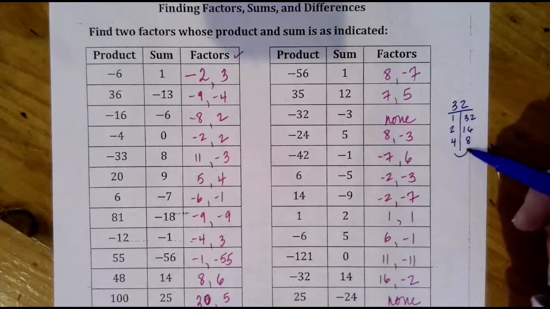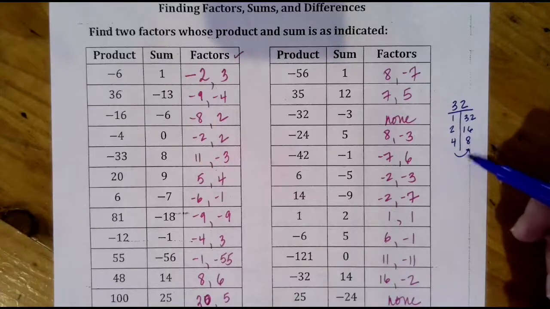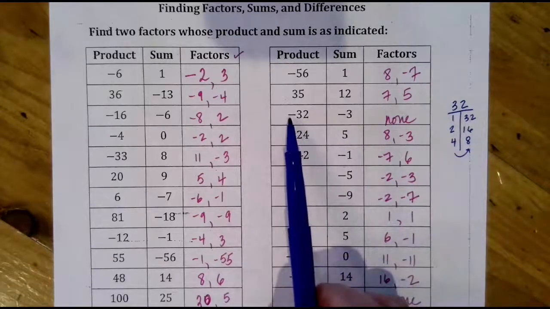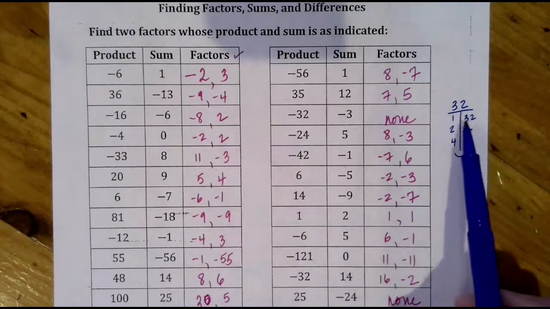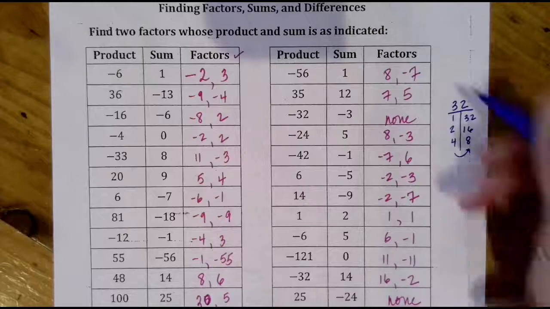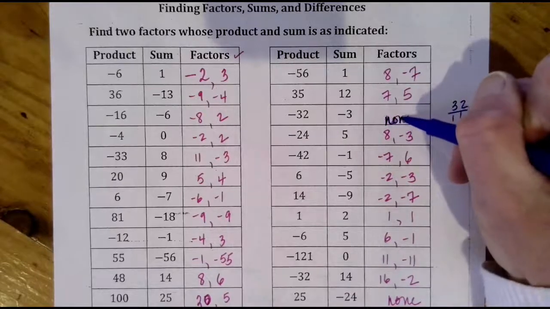And this is where I wrap around, because the commutative property says that each of these factor combinations work both ways. Because my product is negative, that means that I need to find two numbers that have a difference of 3. It's not going to happen. So here my answer is none.